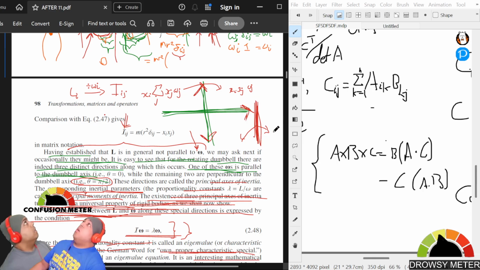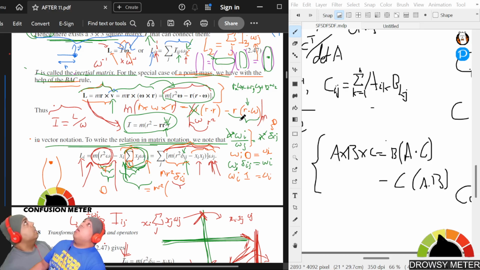This cross R, we have this. Back to omega. Well, the direction is back to omega. The magnitude is different, surely. Hmm. Omega minus R.